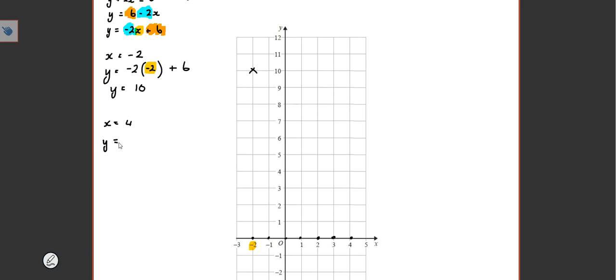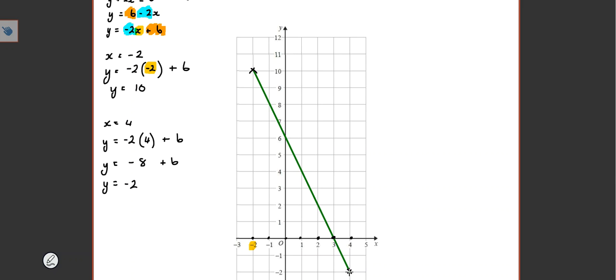So we've got y equals minus 2 times 4 plus 6. And what's the value? Minus 2 times 4 is minus 8, plus 6. So I've got y equals minus 2. So at 4, I can put my mark at minus 2, and my line goes like that.